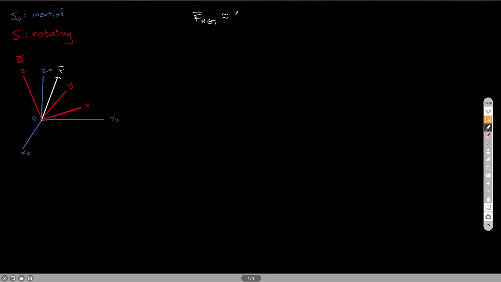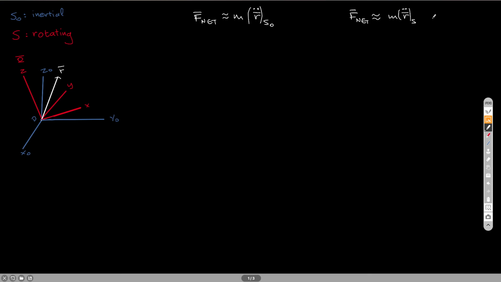Now, in an inertial frame of reference, the net force is equal to the second time derivative of the position vector, but this has to be done with respect to the inertial frame of reference. Now, what I want to do is see what Newton's second law looks like when I have the second time derivative, but with respect to a non-inertial frame of reference, a rotating frame of reference.